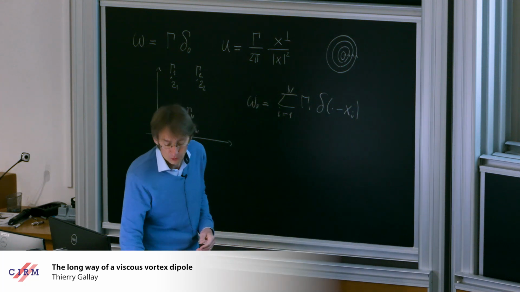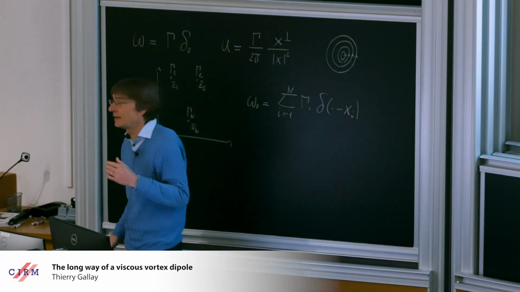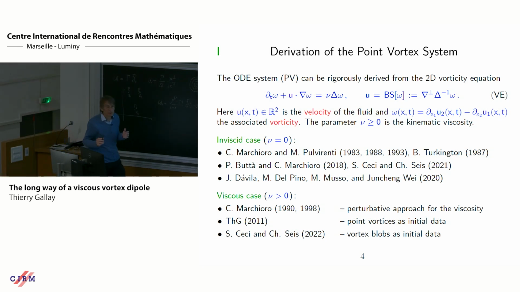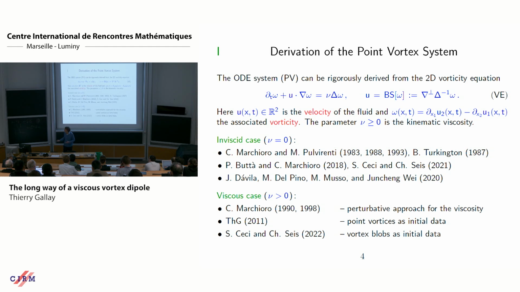This is a collection of point vortices, but you cannot take this as initial data for the two-dimensional Euler, or at least I cannot do it, okay? So this is too singular to solve the Euler equation. I mean, the solution of Euler equation with those initial data is not defined in any functional framework I know of, okay? So you have to cheat a little bit.